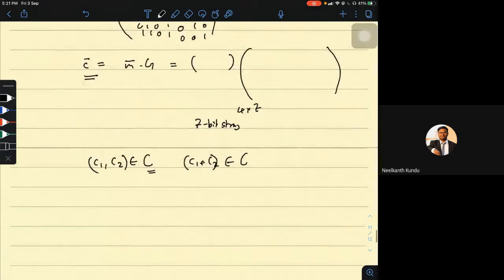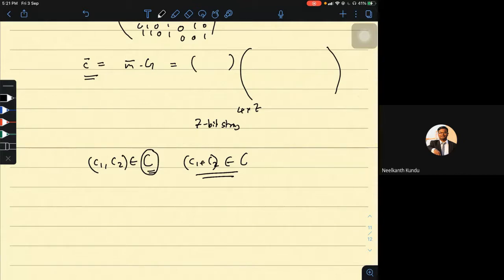If I take all possible message vectors and multiply them with the generator matrix, I get a vector subspace, which I call the code space, and it has this closure property.